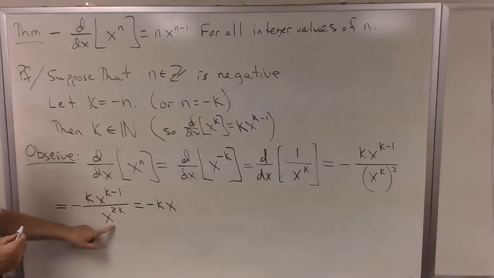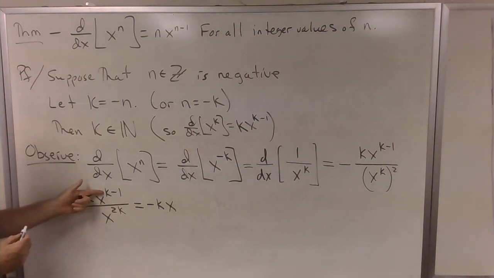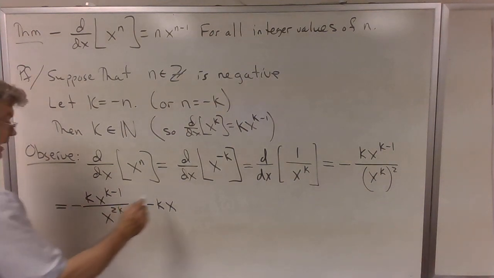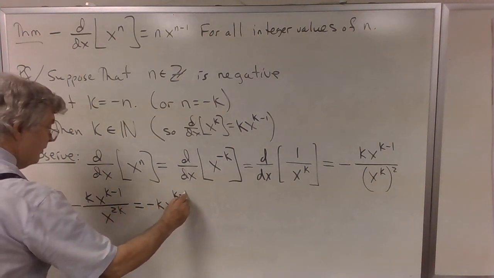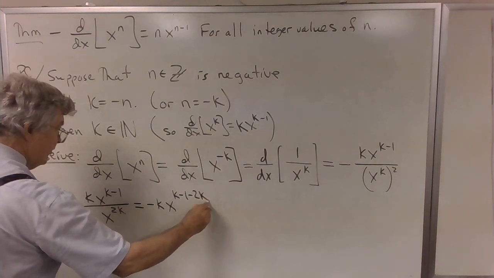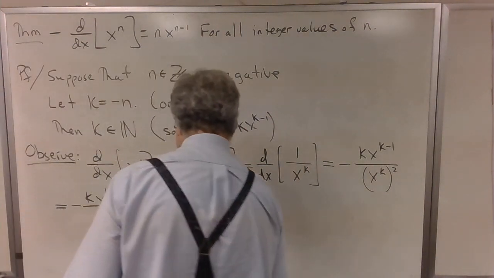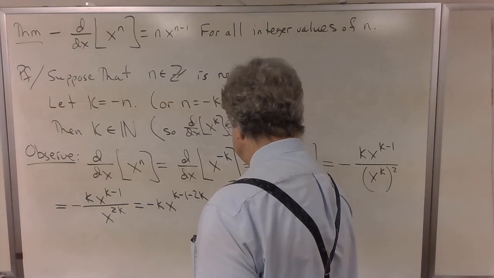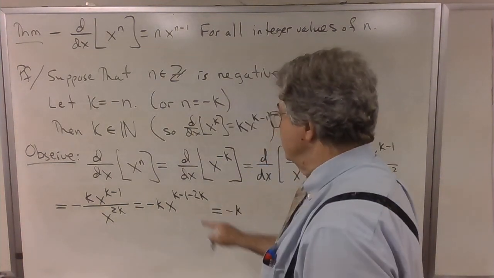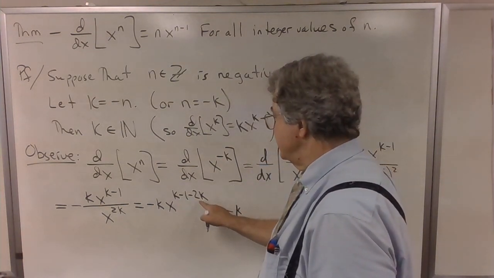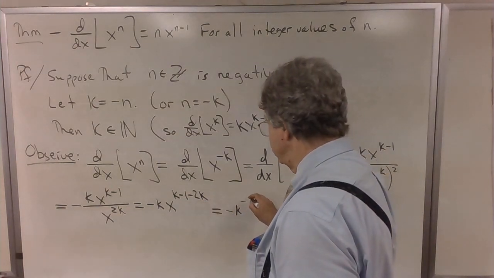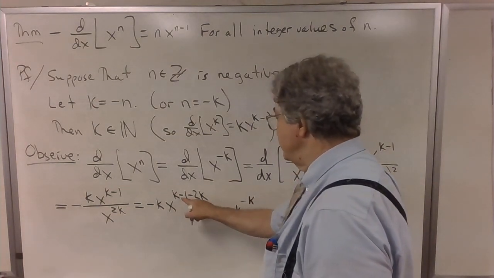I'm dividing by x to a power, and I have x to a power on top, so the exponents will subtract. k minus 1 minus 2k. So I have k minus 2k is negative k, minus 1.